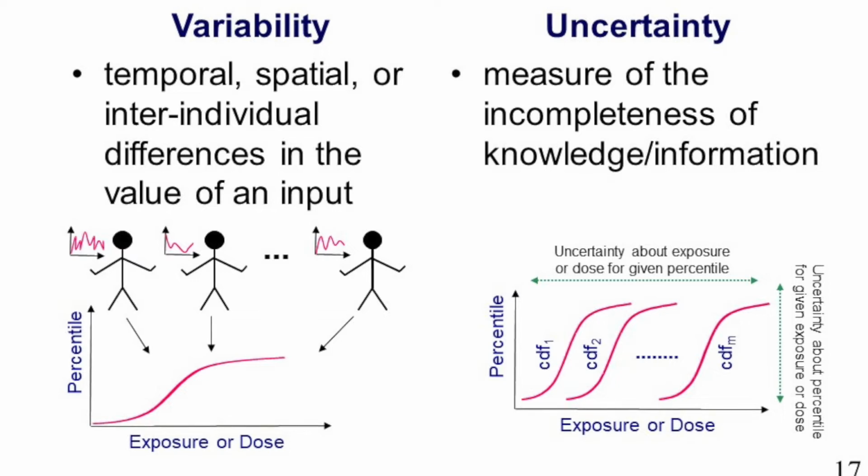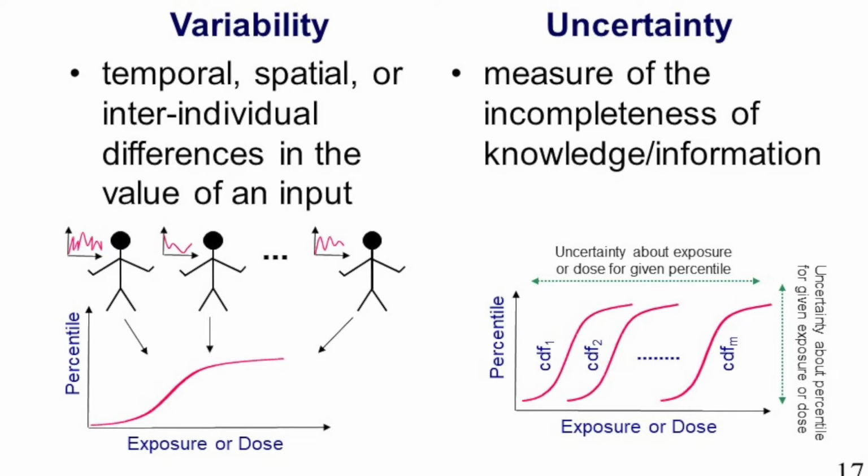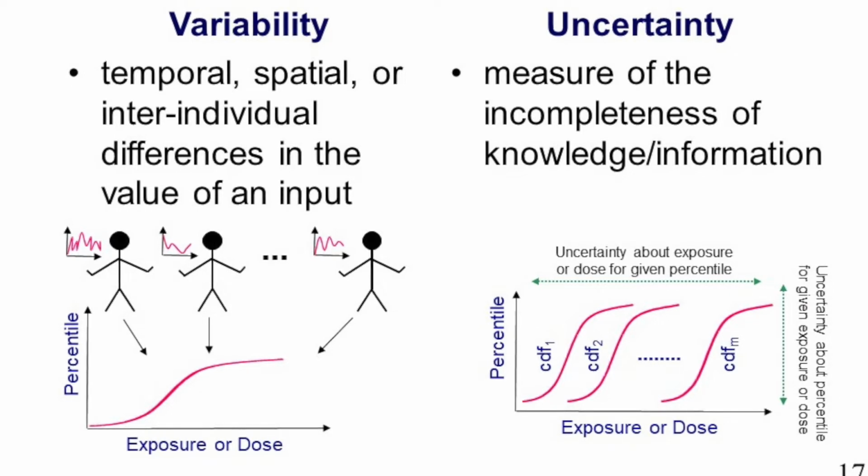So what is variability? Variability is temporal, spatial, or inter-individual differences in the value of an input. For example, body weights vary from person to person, as do body heights, etc. These are considered variable inputs or parameters.